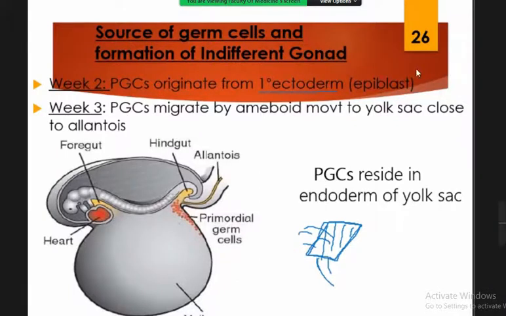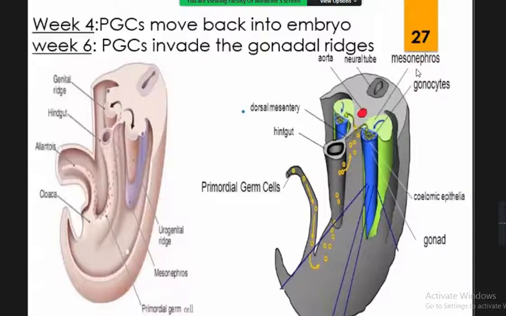So it's important to note where these cells are coming from, that they are coming from the epiblast. And remember, the epiblast is the embryo proper, but then temporarily they will be within the yolk sac. So around the 4th week, these primordial germ cells now leave the yolk sac and move to enter the forming gonads, which at this time are empty.